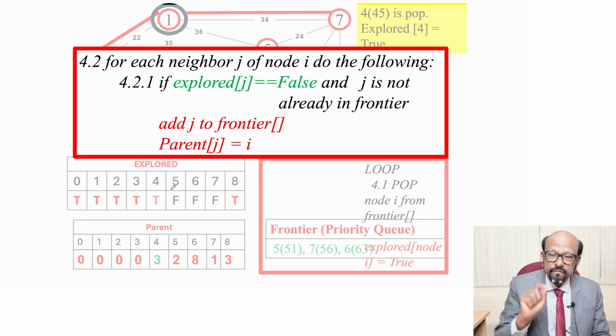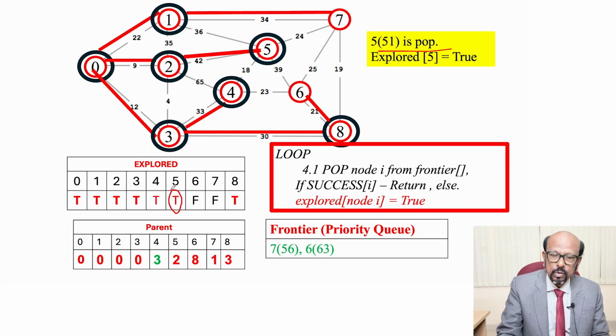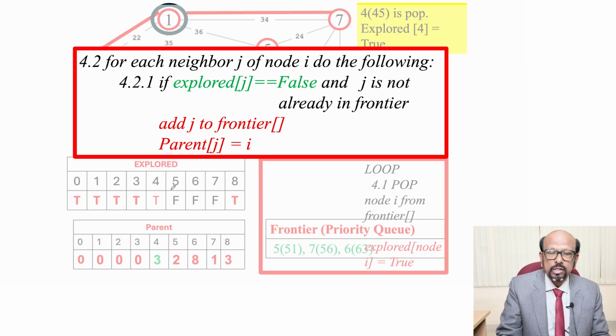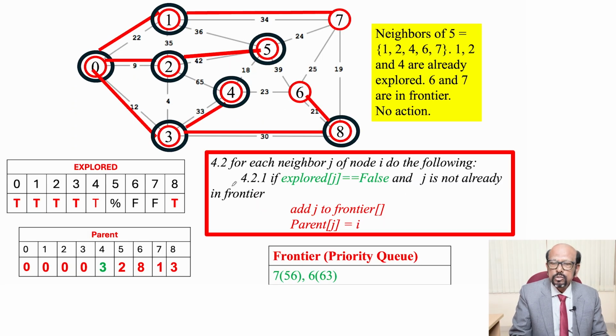4.2, for every child of 5, we have to check those 2 conditions. So who are all the neighbors of 5? 1, 2, 4, 6, 7. Here, evidently, 1, 2 and 4 are already explored.